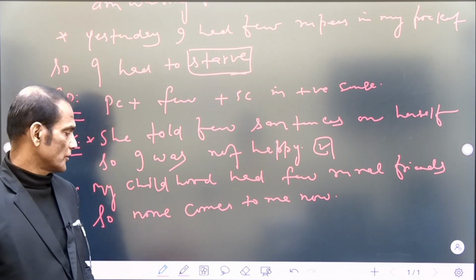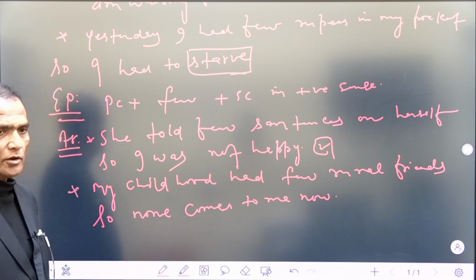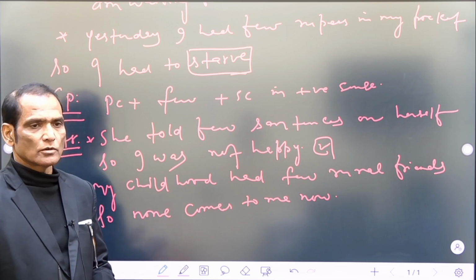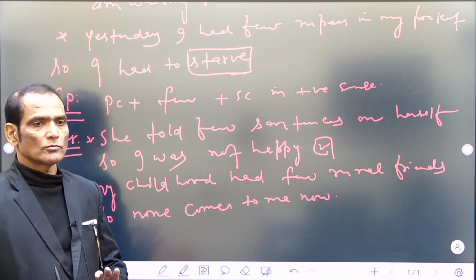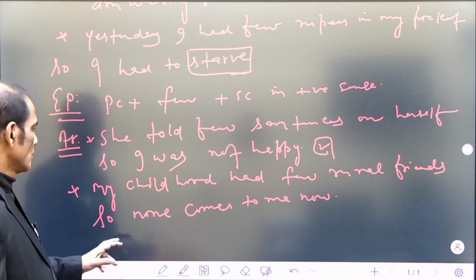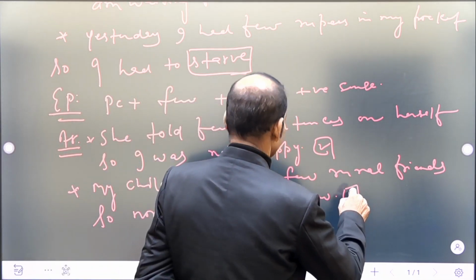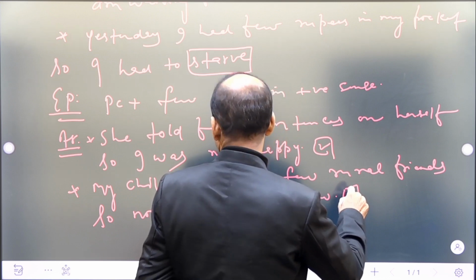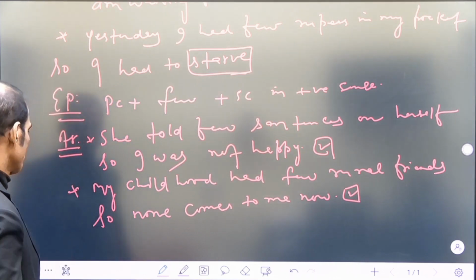It means I had not any friend during my childhood, so nobody comes to me now. I am totally alone. You mean I am lone. So this one is incorrect. This one is, "So none comes to me." This one is correct, not incorrect.